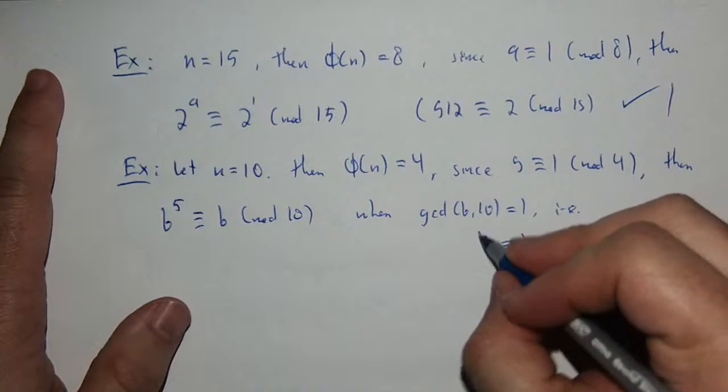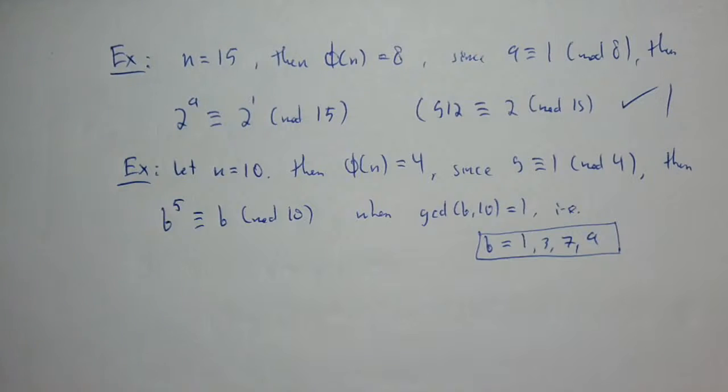So what does this say? It says that b to the 5th always has last digit b if b is 1, 3, 7, or 9.